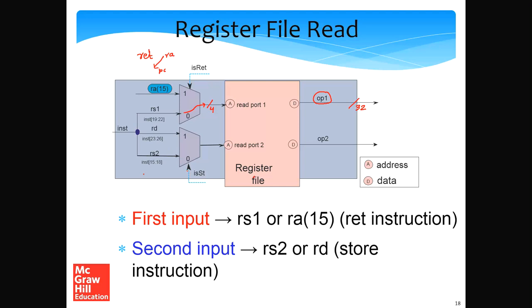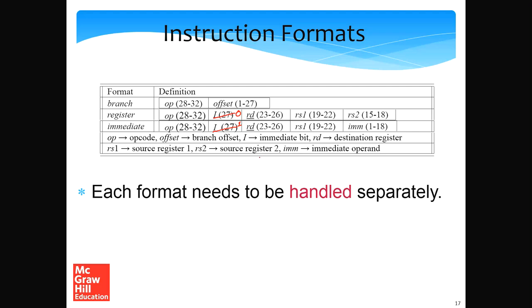But also in the case of the store instruction, we had done something very interesting. In the immediate format, we had assumed that we'll write the store instruction in this form: store rd, immediate, rs1.